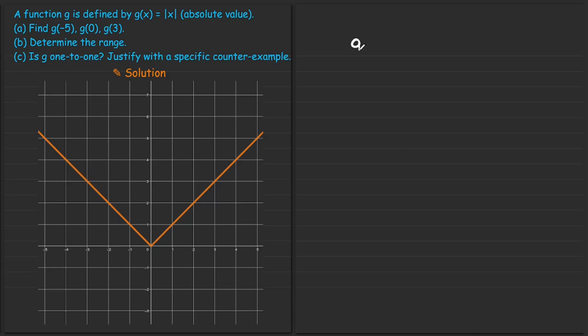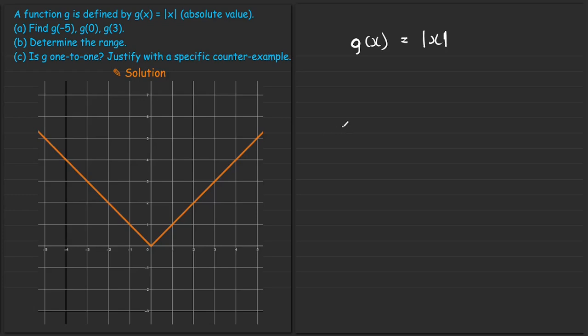The absolute value of x is simply the distance of a number from 0 on the number line. Since distance can never be negative, the output of this function is always positive.